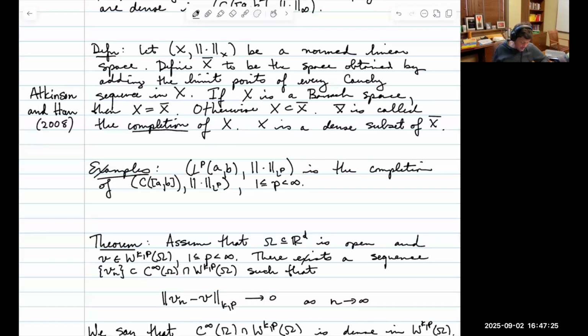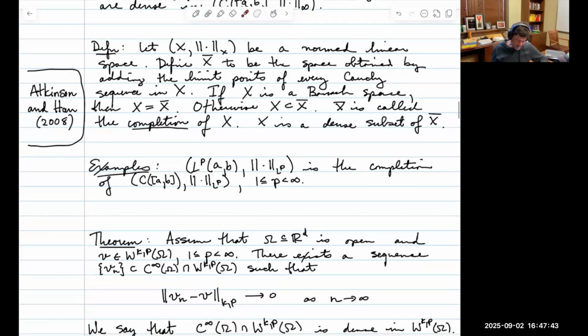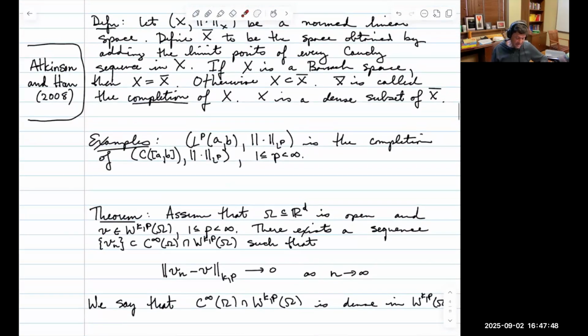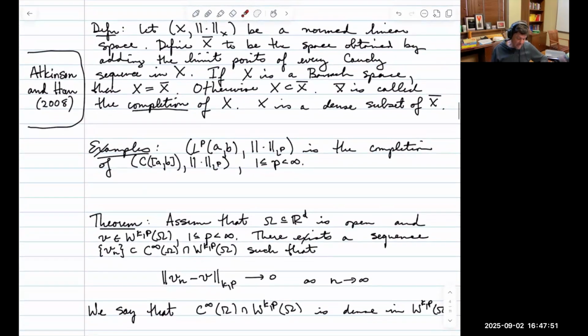So all of these types of facts are found there. They can be found in a good course like 447 and 448, or if you need to pick them up later, in Atkinson and Han. This is why at the University of Tennessee we stress you've got to have some base level of analysis. Measure theory isn't precisely needed for this course, but you do have to understand concepts like Cauchy sequence, convergent sequence, etc.